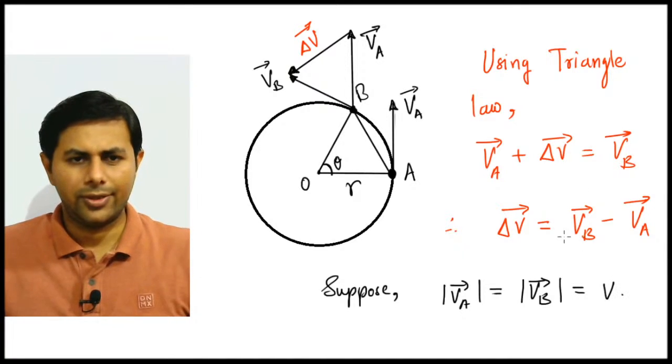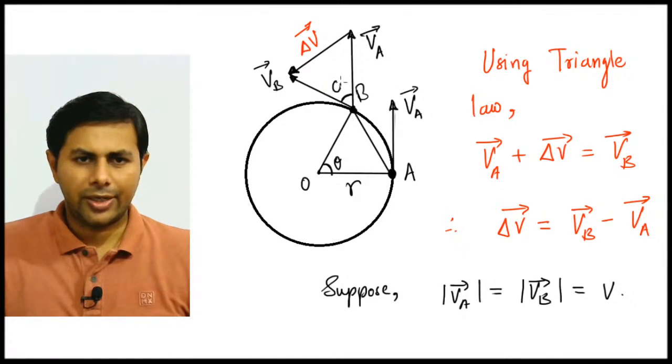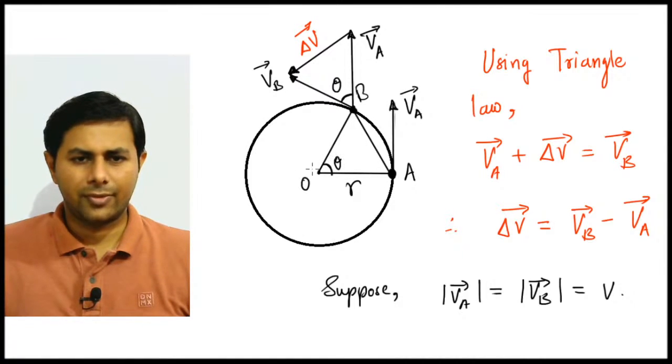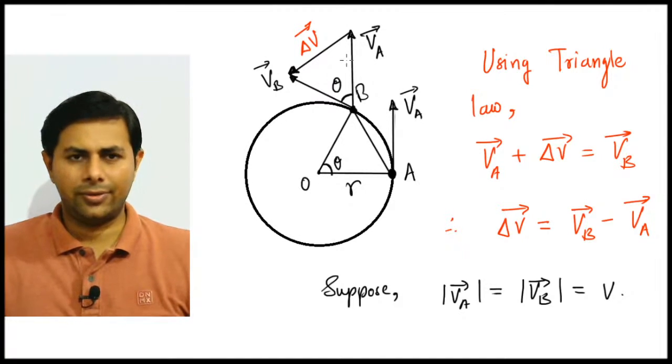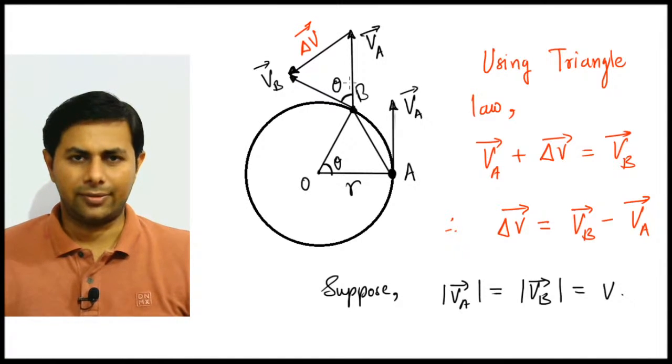Okay, so now I claim that this angle will also be theta. So if this angle is theta in this triangle OAB, then in this triangle, or I would say velocity triangle, this angle would also be theta.